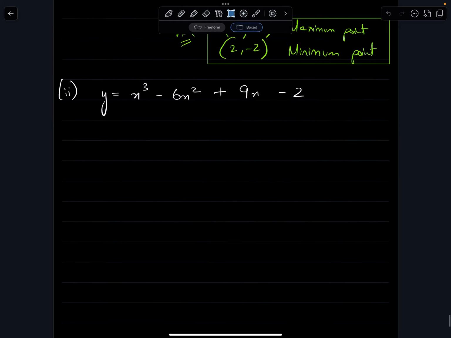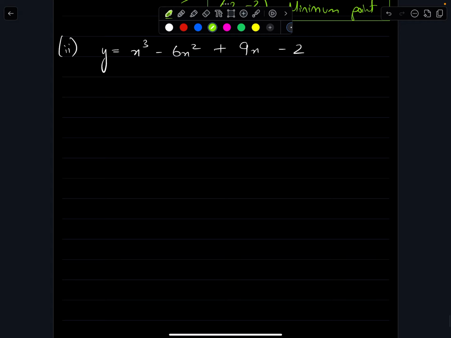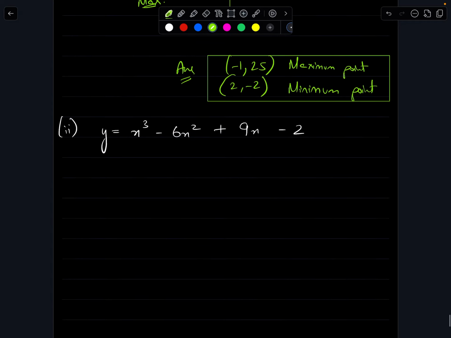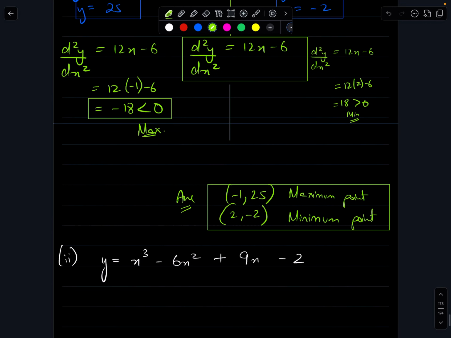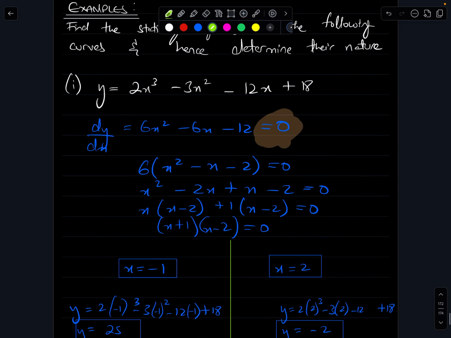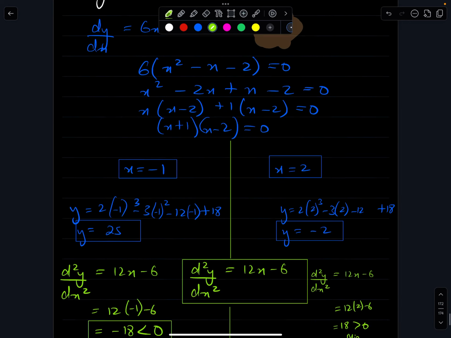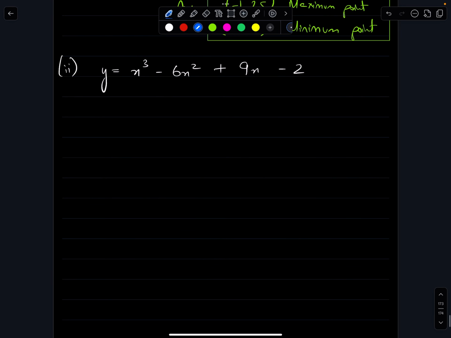We'll bring this question down, and again we need to find the coordinates of the turning point and the nature of the turning point. So first of all, do you have a dx? It turns out to be this, and remember that at the turning point dy by dx is 0.